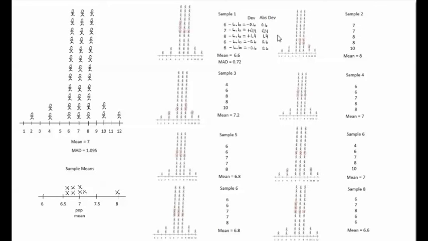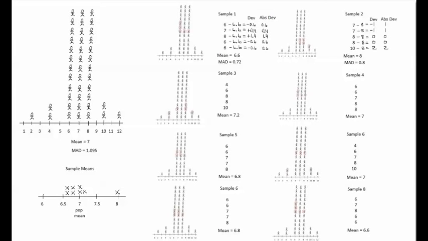Let's look at the mean absolute deviation of the second sample. This time we subtract the 5 data values by the sample mean of 8, and we get our deviations. And then if we leave off the negative signs, we get absolute deviations. Then to get the mean absolute deviation, we just add the 5 absolute deviations and divide the total by 5, because the mean absolute deviation is just the mean of the absolute deviations.